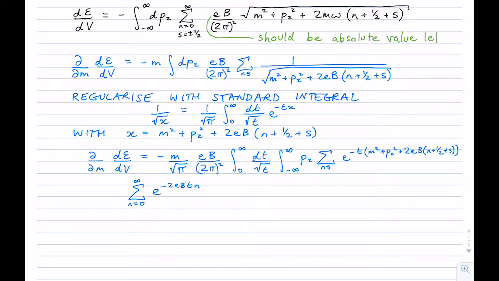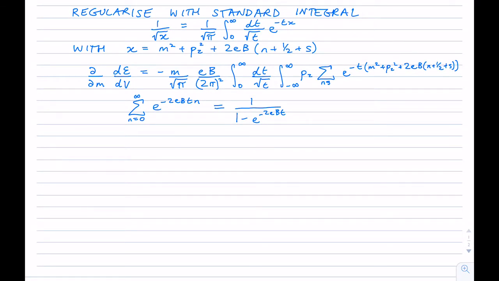That's just a geometric series, so that's equal to 1 over 1 minus e to the minus 2eBt, where the n goes away because that's the exponent in my geometric series. Similarly, I can do the term in s. It's a little bit less dramatic. And I can do the integral over p as well.